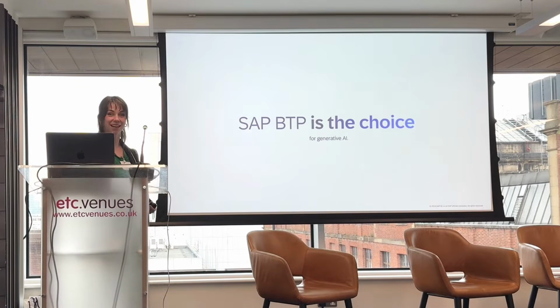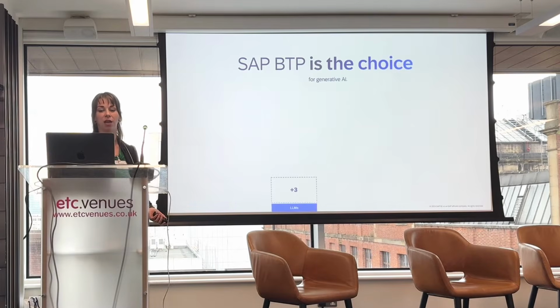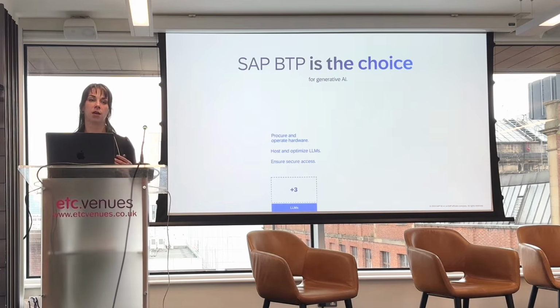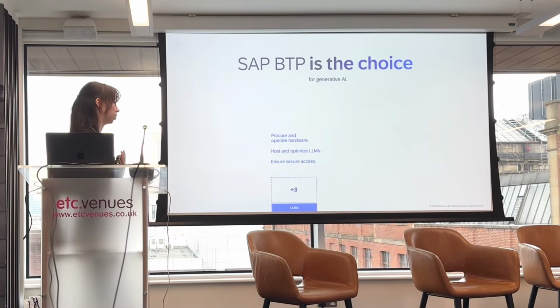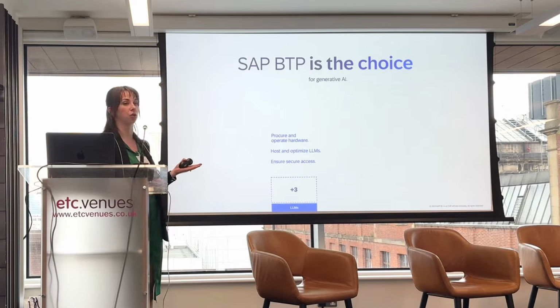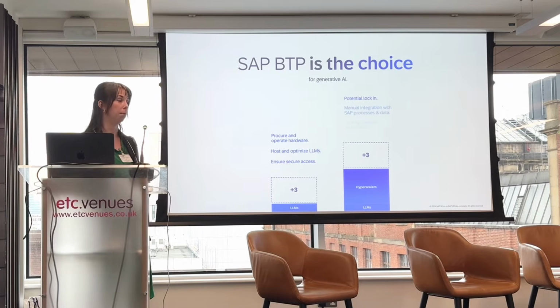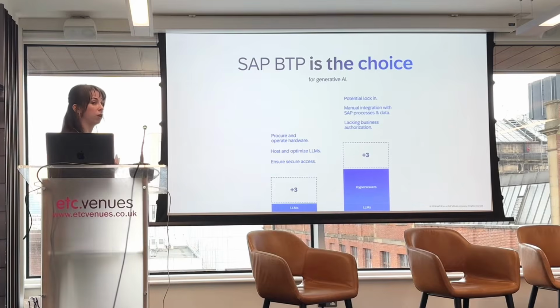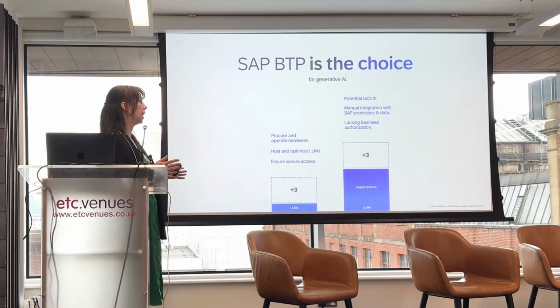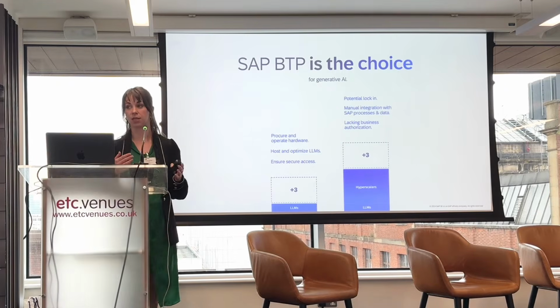BTP is the choice there for generative AI. Why? Of course you can go and leverage large language model providers, but you might run into a couple of challenges, like hosting and optimizing some of these LLMs or ensuring secure access. You can also use them through hyperscalers, but you might again run into challenges, like lacking the business authorization or manual integration with your SAP processes and data.